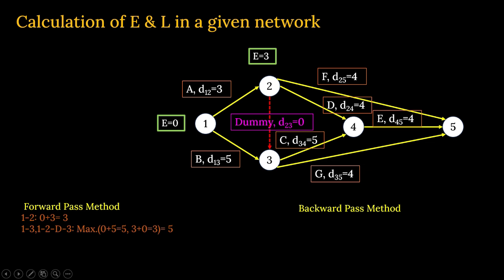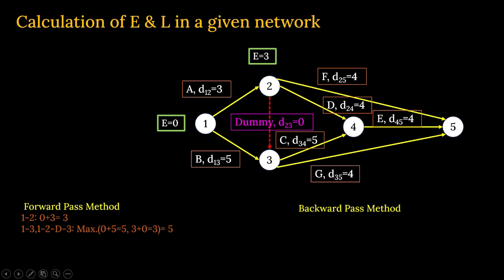First is 0 plus 5 equals 5, and here the start point is 3, duration is 0, so 3 plus 0 is 3. I'll repeat once again.